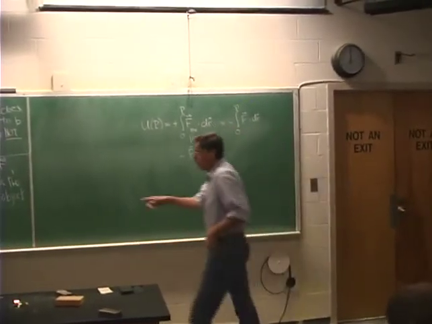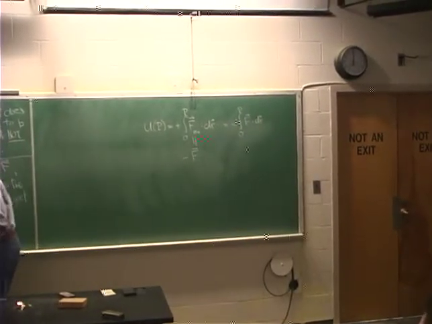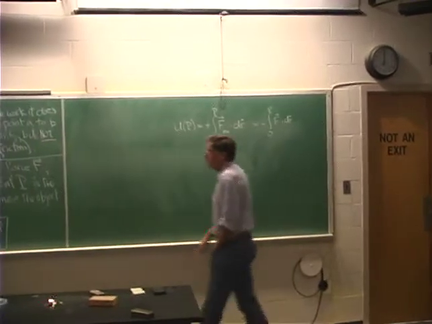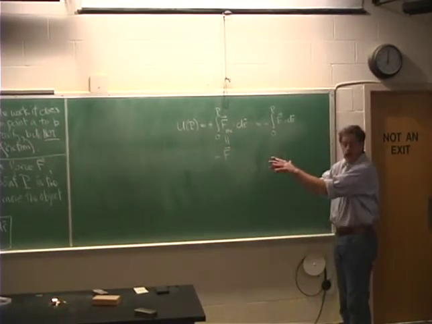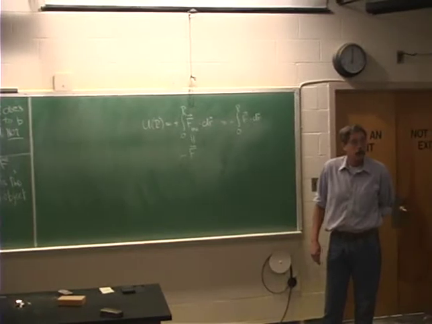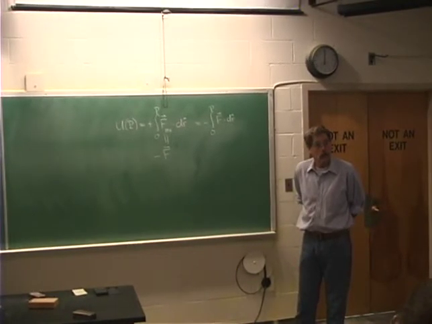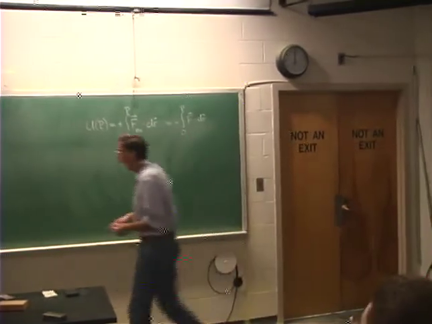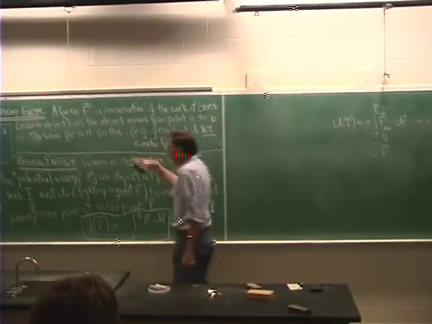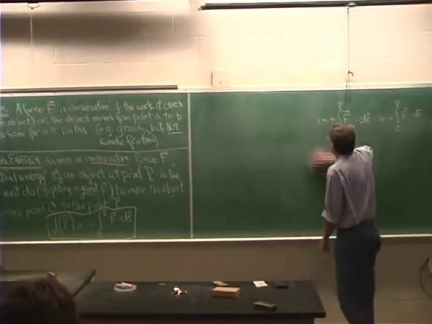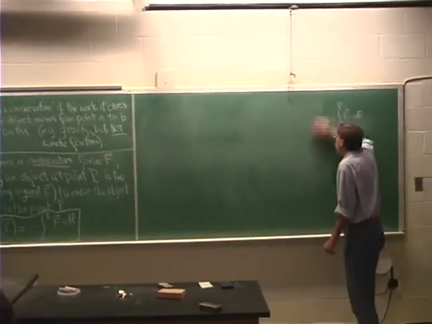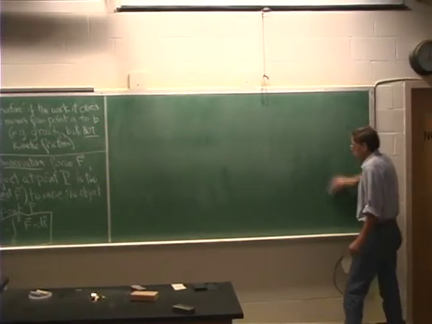It simply would not define a function of the point P if the force is non-conservative. So this whole game, you just can't do it for non-conservative forces. There's no such thing as potential energy for kinetic friction, for example, or for any other non-conservative force. So it's a subtle point, but the whole notion of potential energy is out the window if you didn't have a conservative force to begin with.